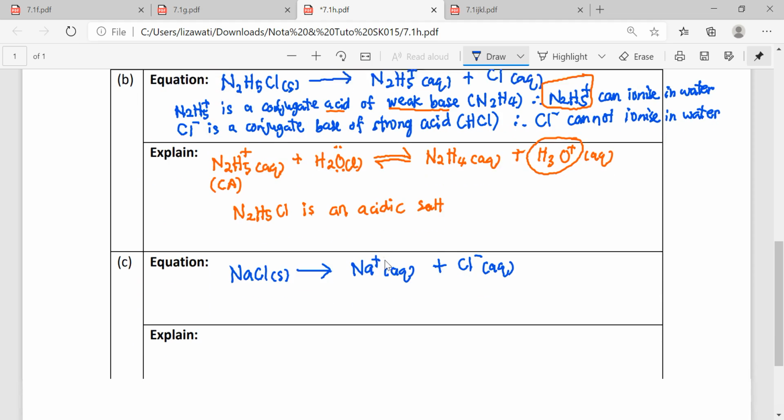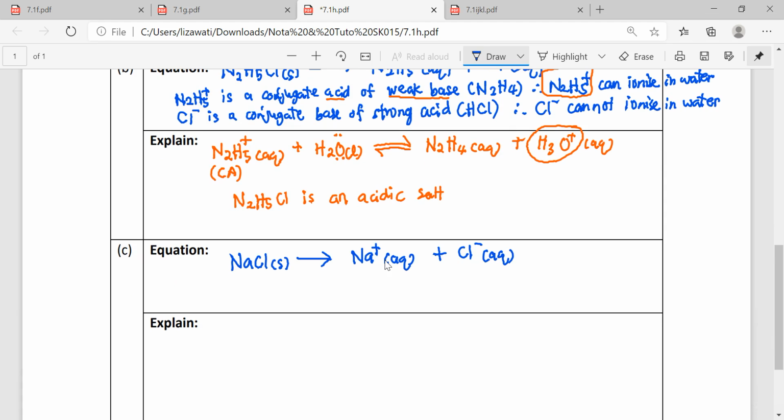Now we analyze which one can be ionized in water. We start with Na+. Na+ is the cation of a strong base, that is NaOH. So Na+ cannot ionize in water.